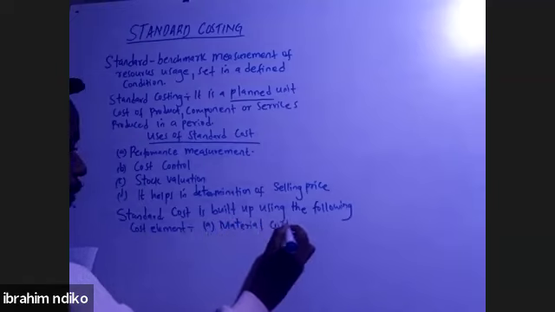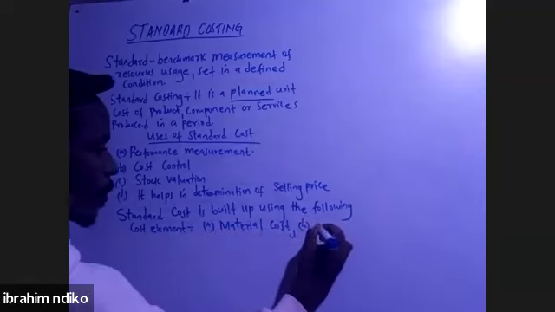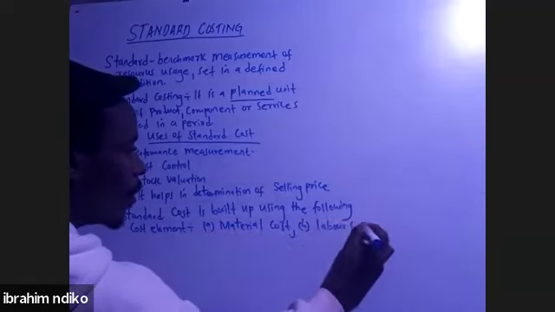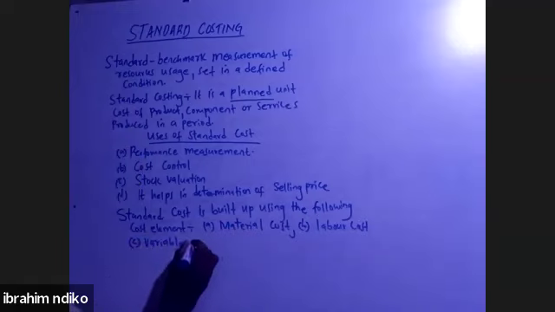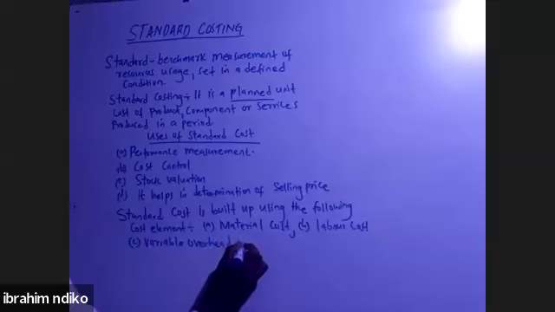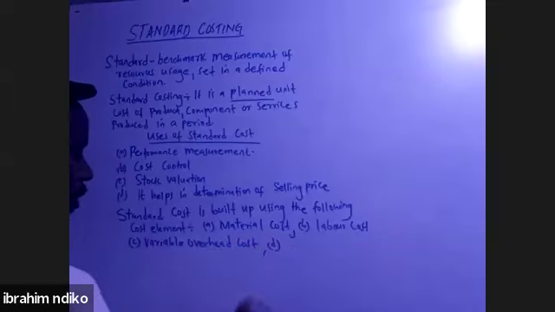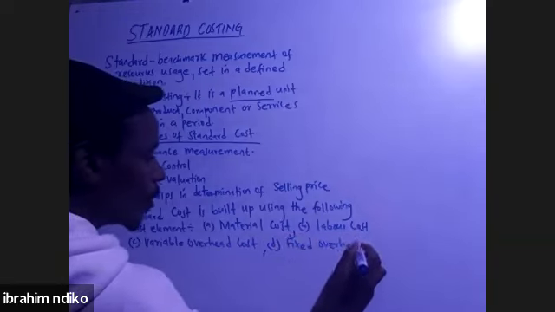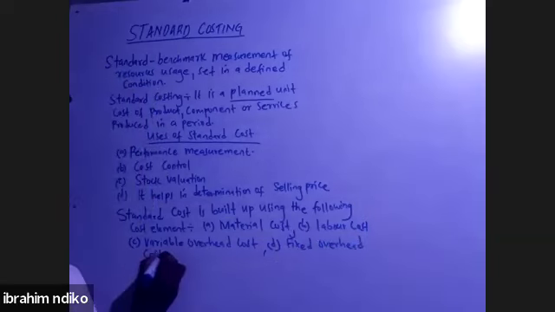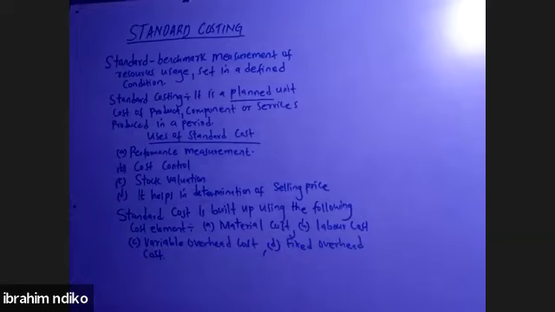B, labor cost. C, variable overhead cost. Then the last one, D, fixed overhead cost. So it is built on those four elements: material cost, labor cost, variable overhead cost, and fixed overhead cost.